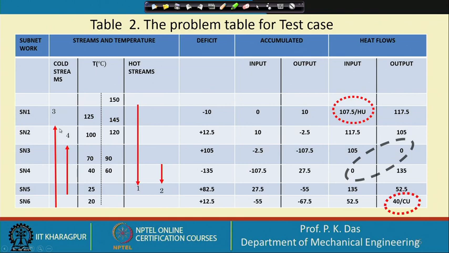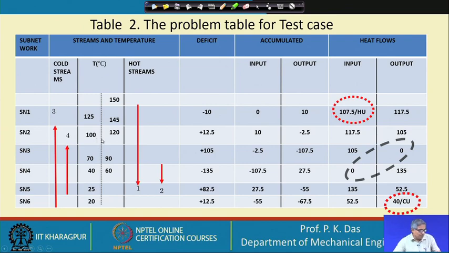And another cold stream is from 25 degree Celsius to your 90 degree Celsius. So, these two cold streams we can think of, and let me see whether it is 90 degree or 100 degree Celsius.